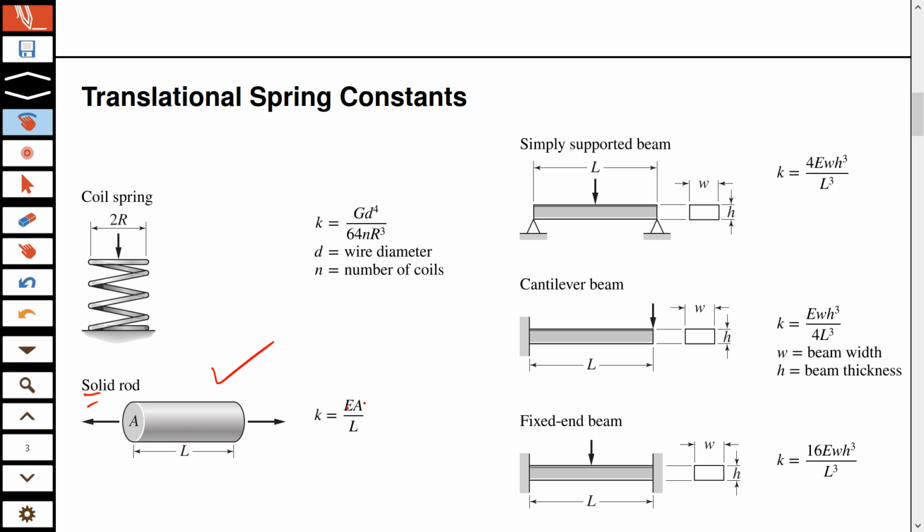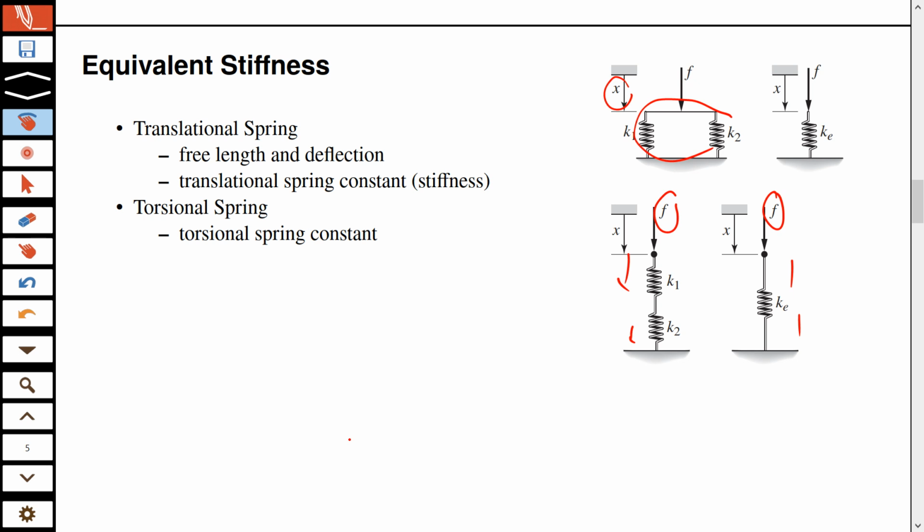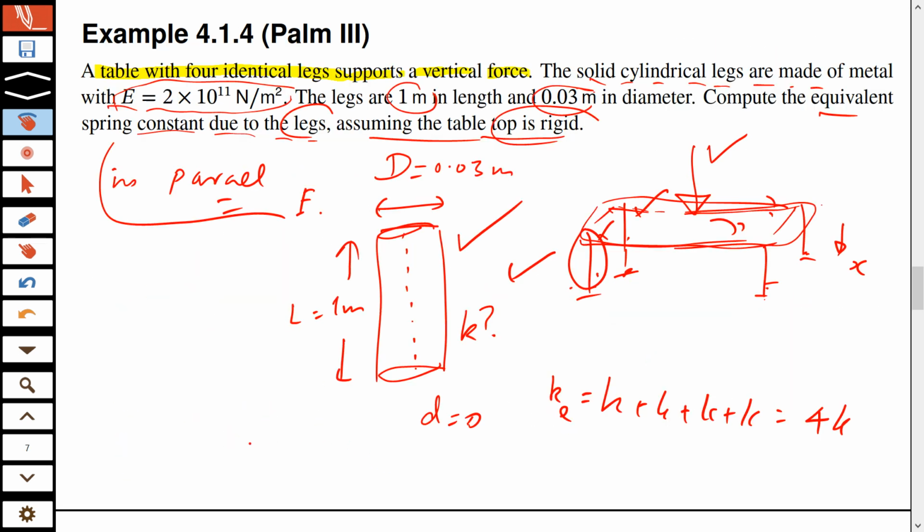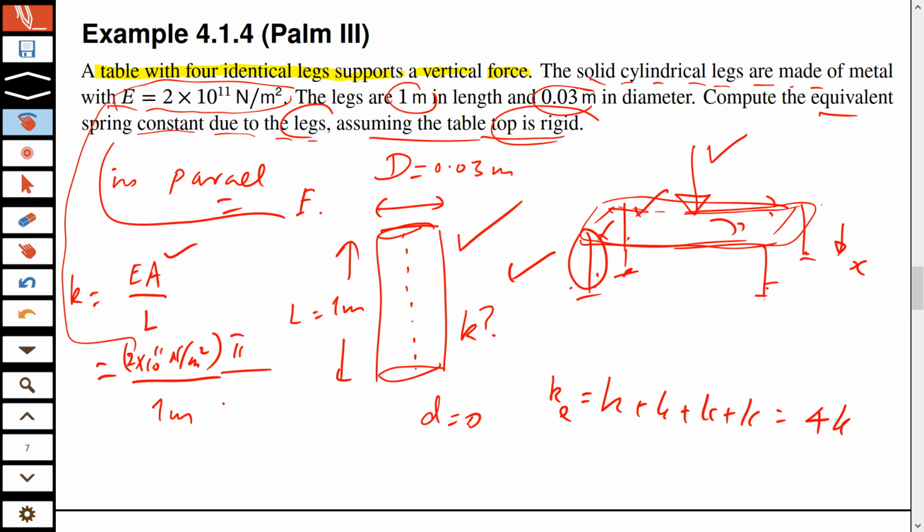EA over L. This is the formula. So k for each leg is EA over L. L in our case is 1 meter. E is this value, twice 10 to the 11 Newton per square meter. And A is pi by 4 D squared, and D is 0.03 meters, squared.